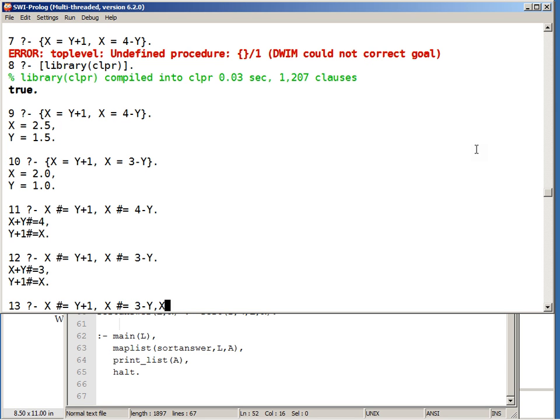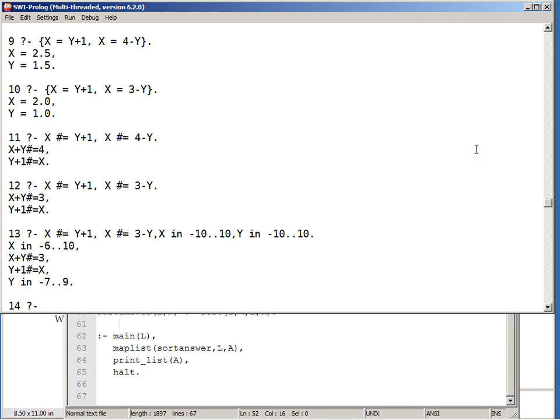So let's say that X is in minus 10 to 10, and Y is in minus 10 to 10. All right? So you can see now that the system has been able to derive a bit more precise information. So that was our expectation.